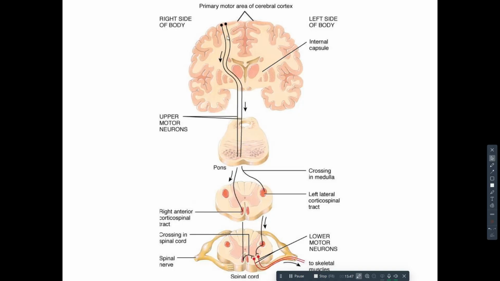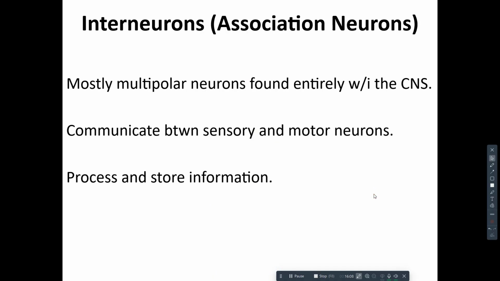And these upper motor neurons are coming out of the brain down into the spinal cord, where they're then synapsing with these red guys. And these red guys are lower motor neurons, and they are going to skeletal muscles. All right, so those are our two types of motor neurons that we've got.